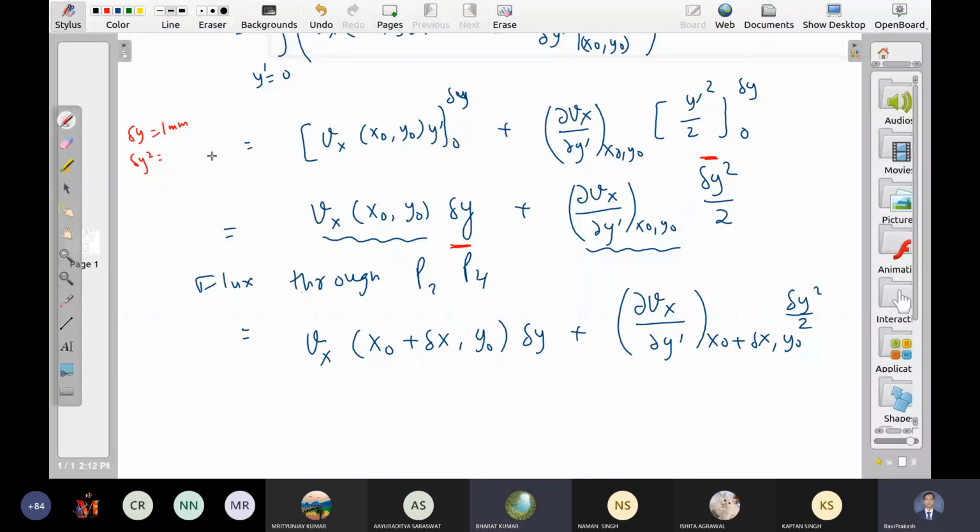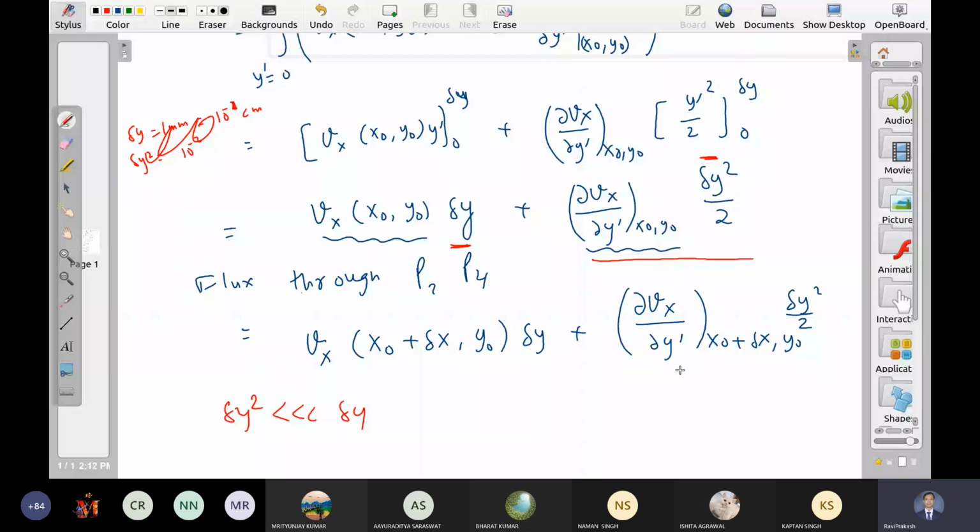This is 10 to the power minus 1 centimeter. This is 10 to the power minus 2 centimeter. The 1000th part of 1 centimeter, right? So obviously delta y square is much less than delta y, so we can ignore this term. It is second order. Similarly, we can ignore this term, right?